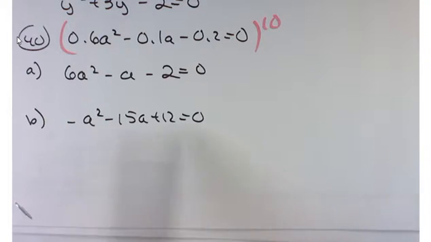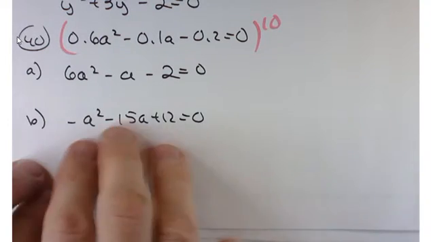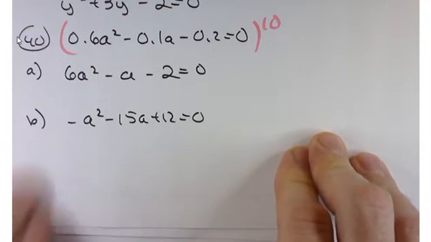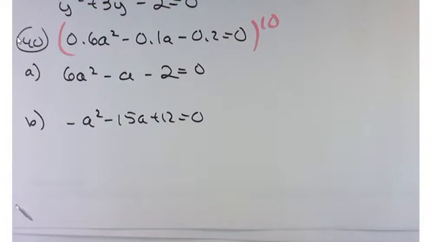How could I get rid of that negative? Yeah, you could move everything to the other side. What else can we do? Multiply by -1 or divide by -1. They're all going to work out to the same. Dividing by -1 and multiplying by -1 give you the same result.